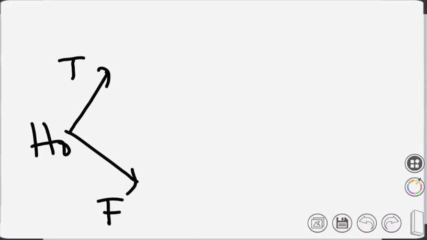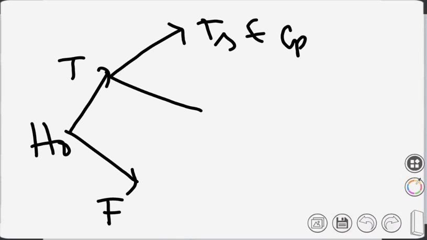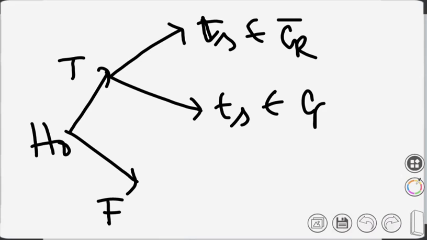Let me write it a little better. So in the middle, H0 is true or false. I don't know whether it's true or false. Either the null hypothesis could be true or the null hypothesis could be false. But the decision depends upon whether TS belongs to CR bar or TS belongs to CR.